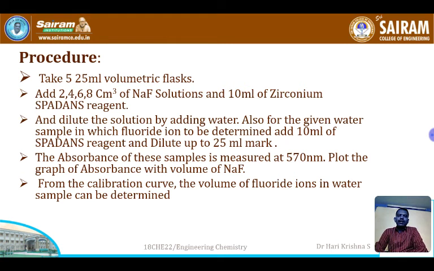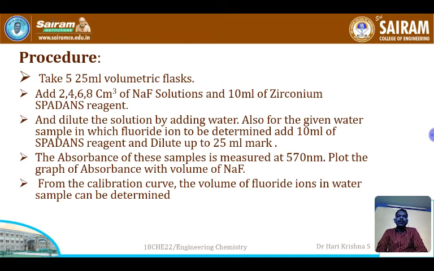5 different 25 ml volumetric flasks will be taken. Each will be named 2, 4, 6, 8 and test solution. Except the test solution flask, to the volumetric flasks named 2, 4, 6 and 8, we are going to add sodium fluoride solution.